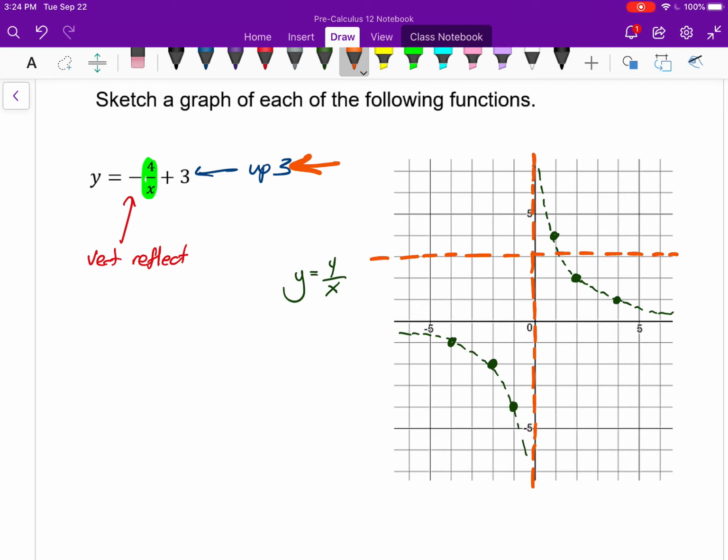So I'm going to draw that right now as a structure to work around. And so I know not to cross that. I know at some point my graph's going to get infinitely close to these places. And so now if I take what I have in red and flip it over and move it up 3, I should get points right here. And so I'll show just my final answer here.